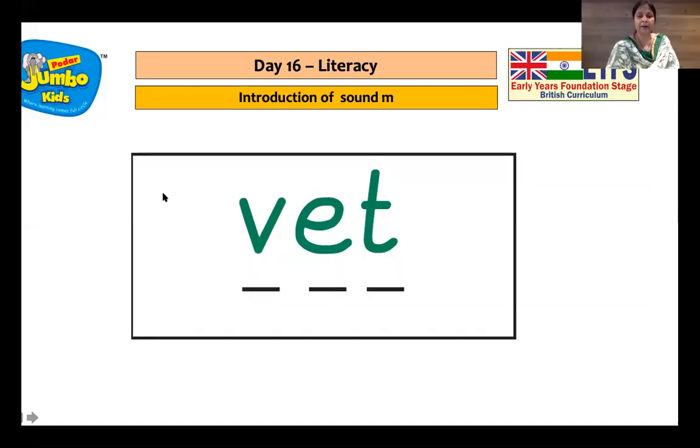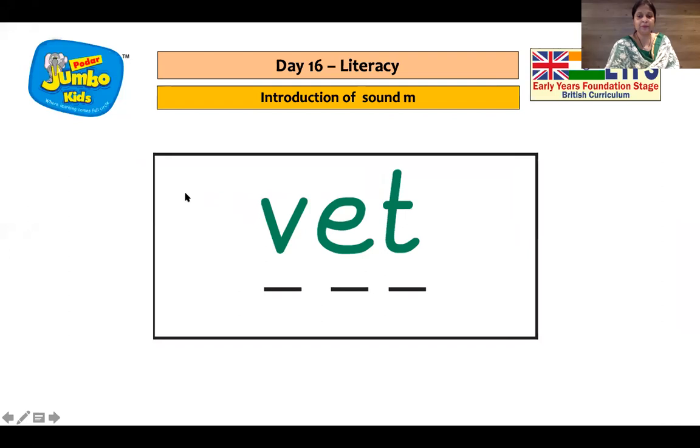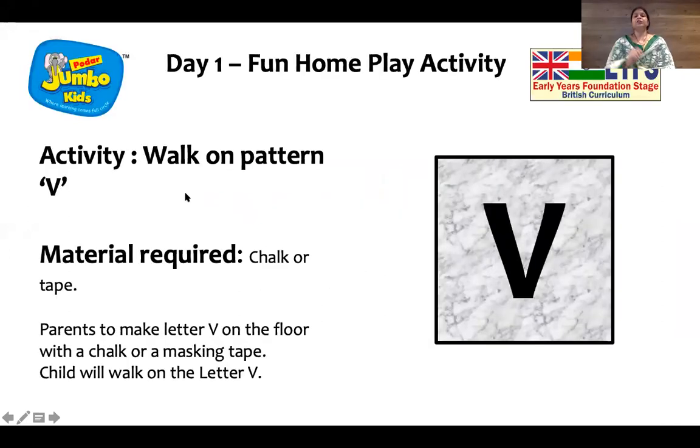Okay. So that looks exciting. So what are you going to do? We are going to walk on the pattern of letter V. That means you are either going to take a chalk or a masking tape, and you can draw a letter V. You now know how to write letter V. So you can either write with a chalk or you can write with a tape.